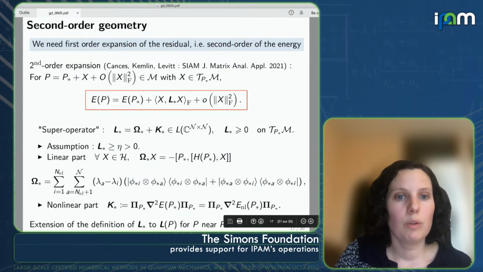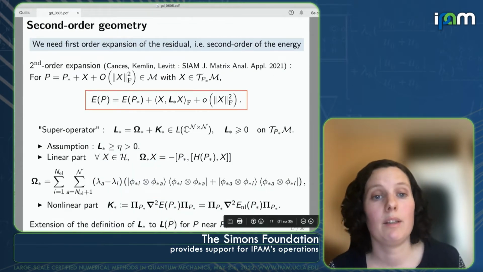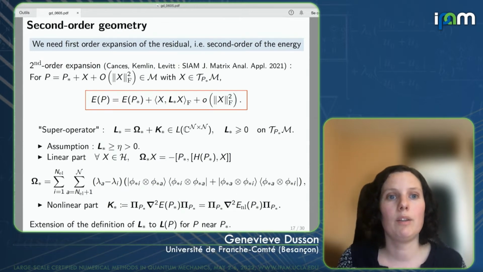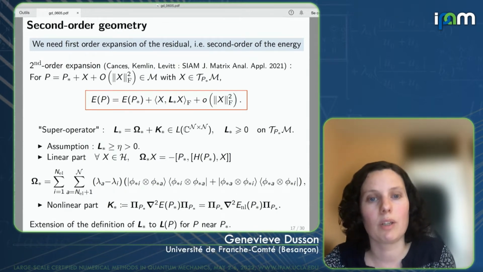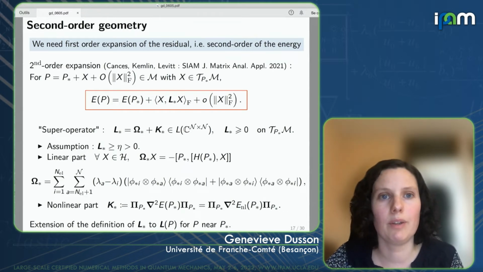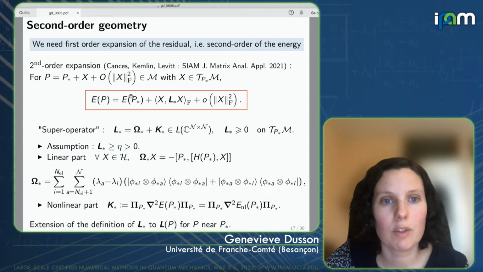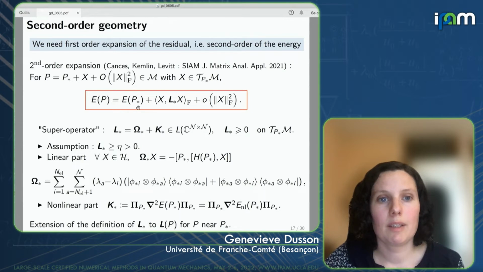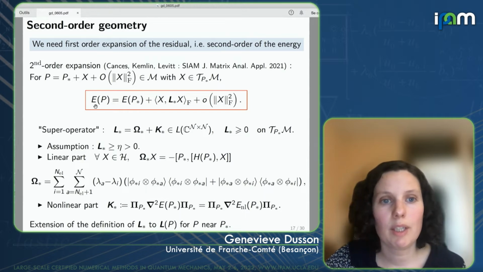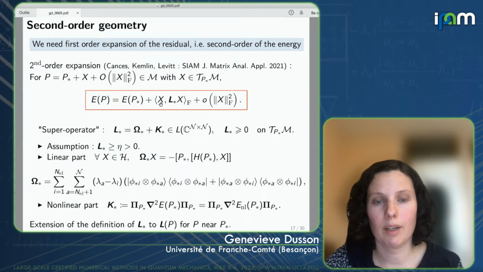Okay, so to obtain an error estimation, we need the first order expansion of the residual. So basically, we need the second order expansion for the energy. And this was done in this paper by Cancès, Kemlin and Levitt. The expansion of the energy can be written as E of P is equal to E of P star plus some scalar product.